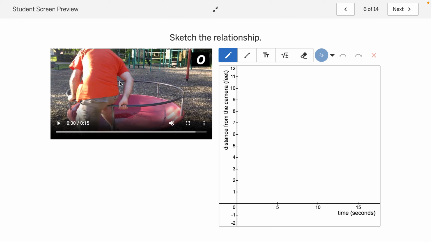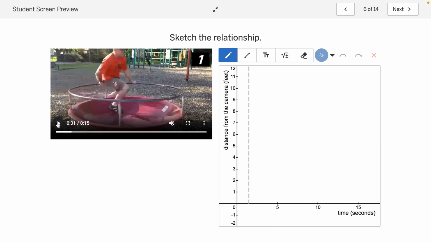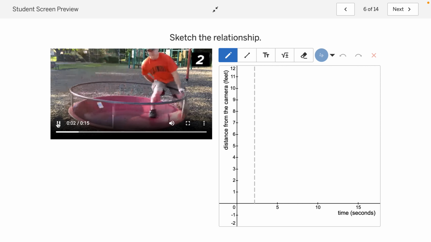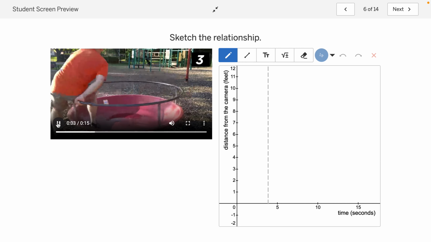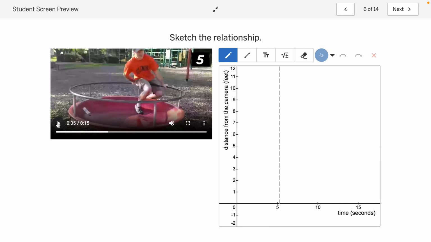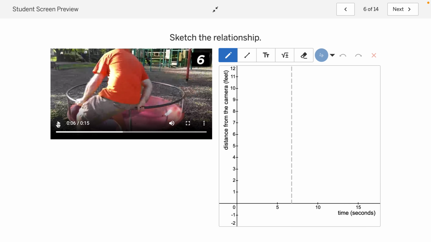And I'm going to kind of time out when he's at the furthest point. So at 1, I would say he's about 9. And then at 3, he's back to 0. About 5, he's back to 9. About 6, he's back to 0.